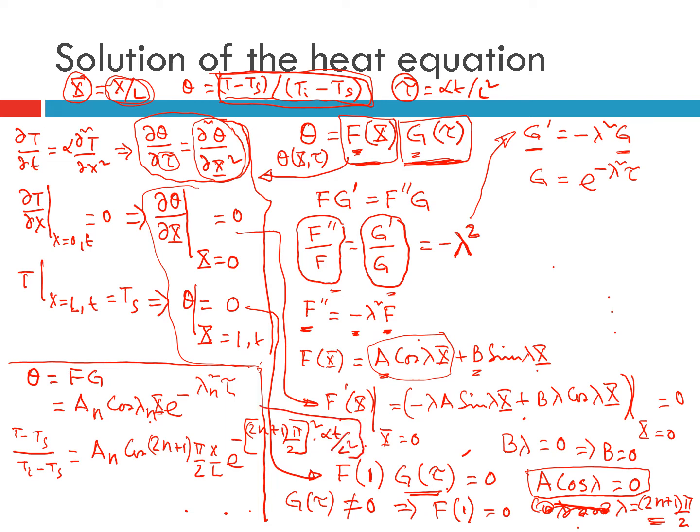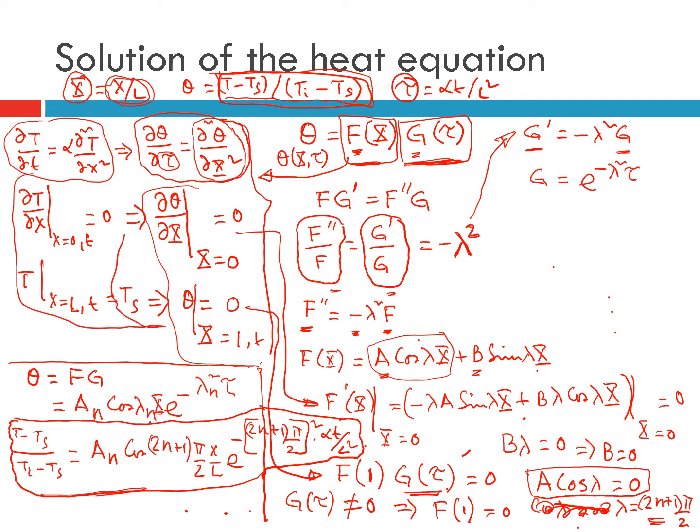Again, my apologies for the small space here. So this is my solution. For any values of n equal to 0, 1, 2, and so on, this equation would be a solution to the original equation with these boundary conditions.